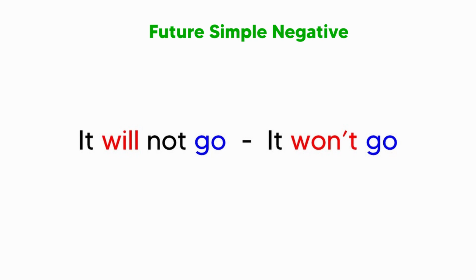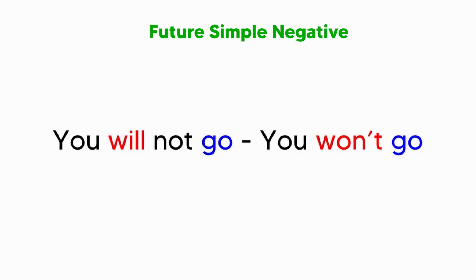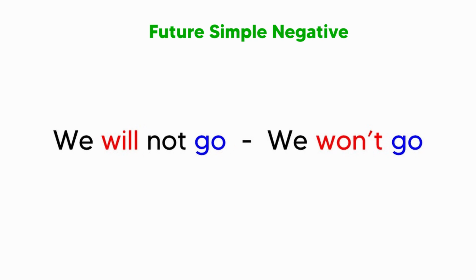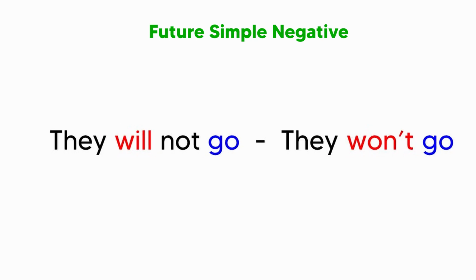It won't go. You will not go. You won't go. We will not go. We won't go. They will not go. They won't go. My suggestion here is pause the video and practice every form yourself.